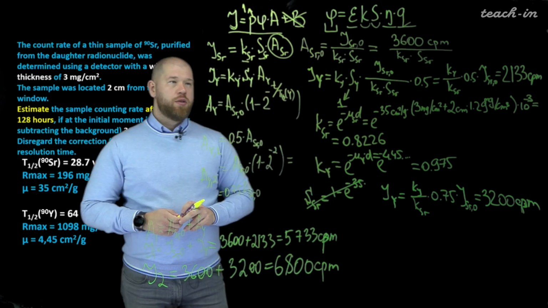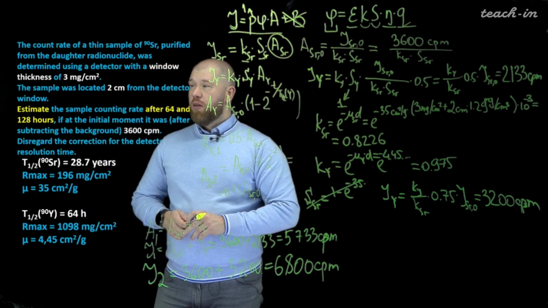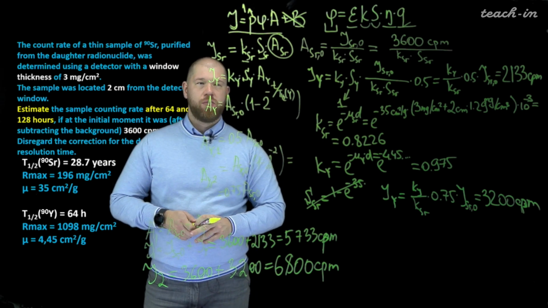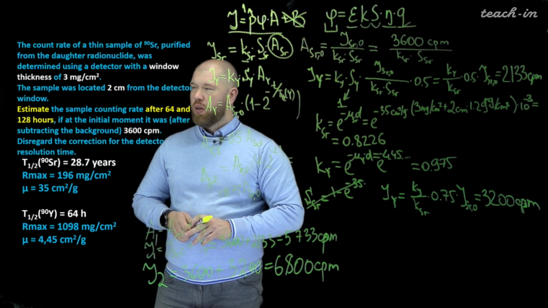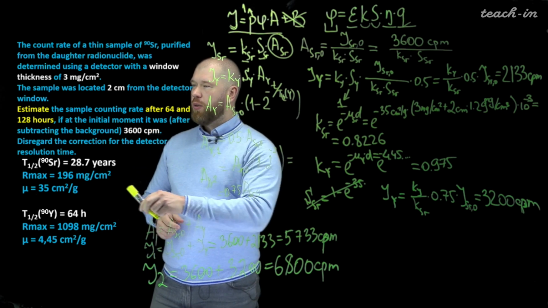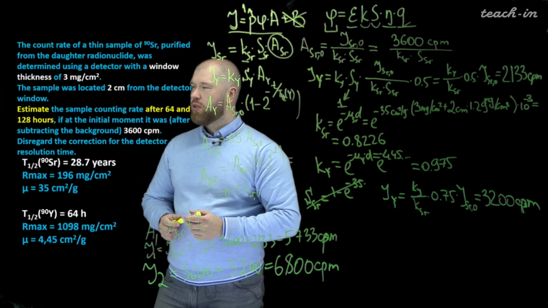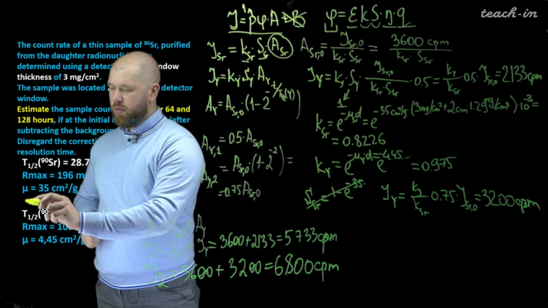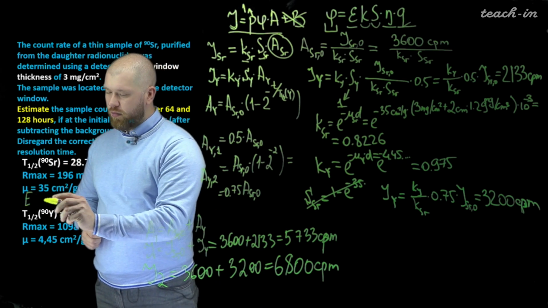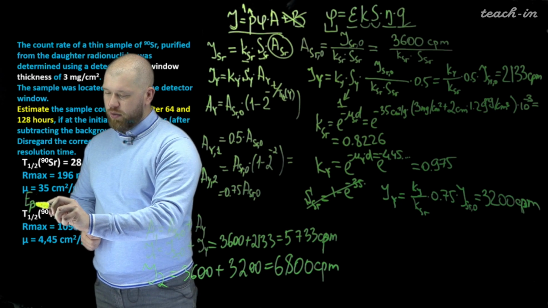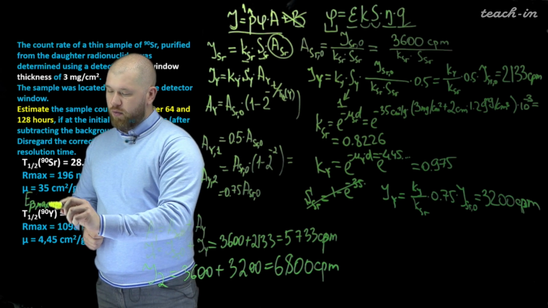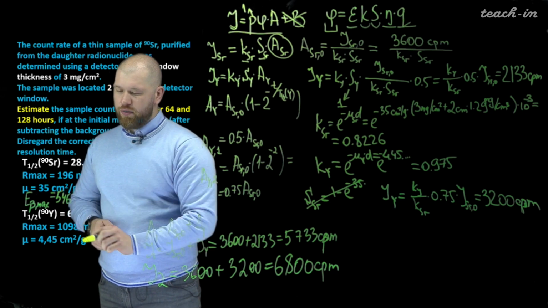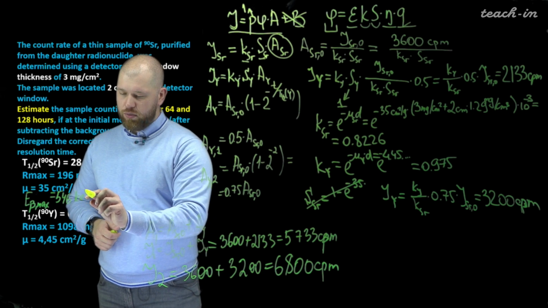What is important in this task? First of all, it is the difference in attenuation coefficients for strontium and yttrium. Why are these mass attenuation coefficients so different? Because, although I didn't write it here, the maximum energy of beta particles for strontium is 546 kiloelectron volts.